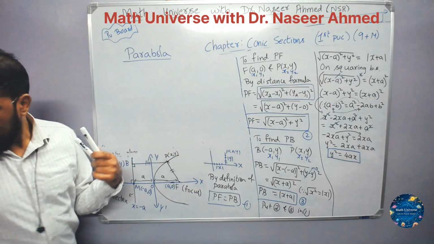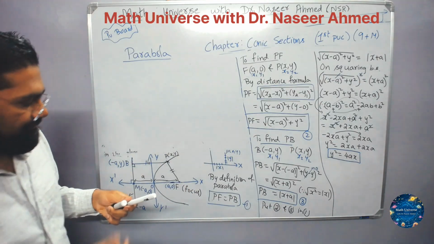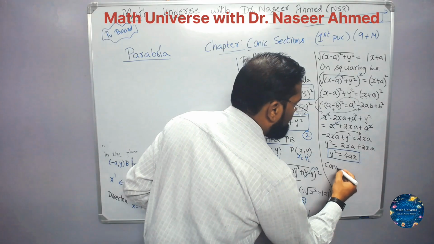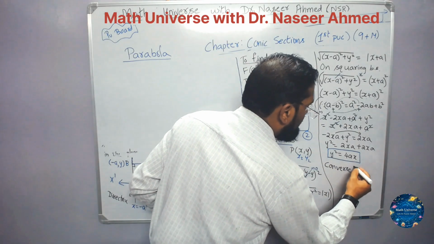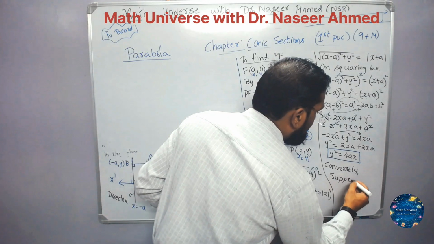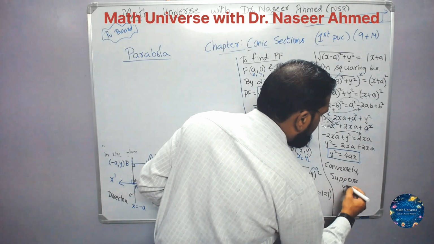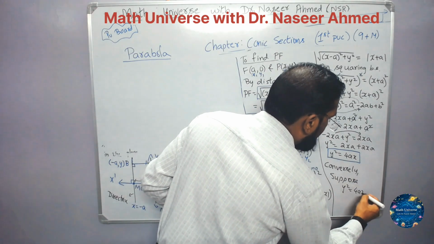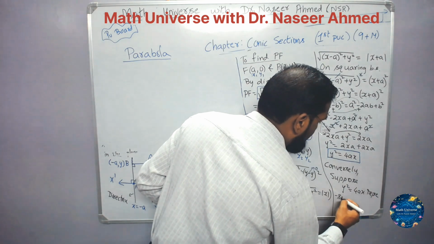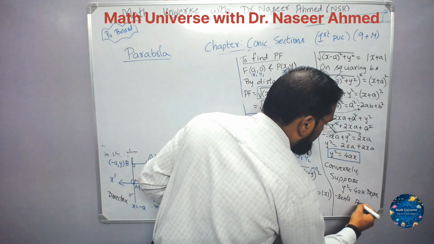Now see carefully. So let's start from here only. Suppose, conversely, I'm going for the converse. Suppose y square is equal to 4ax represents a parabola.